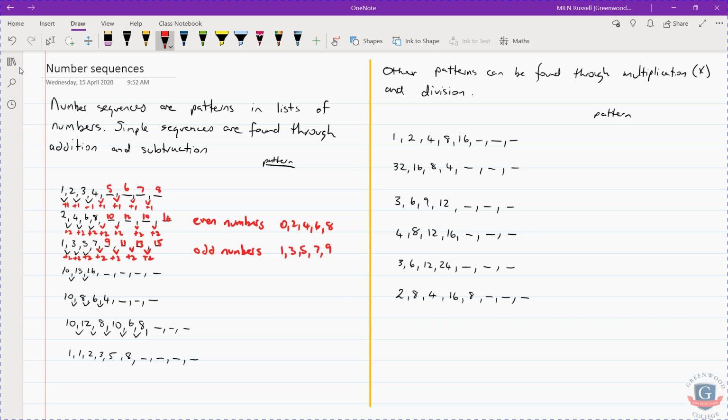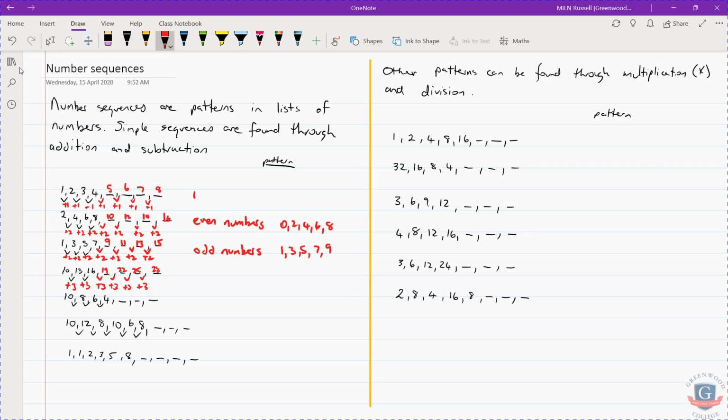Okay, let's look at the next one. 10 to 13, 13 take 10 is 3, it's going up by 3 each time. So plus 3 would be 19, plus 3 would be 22, plus 3 would be 25, plus 3 would be 28.